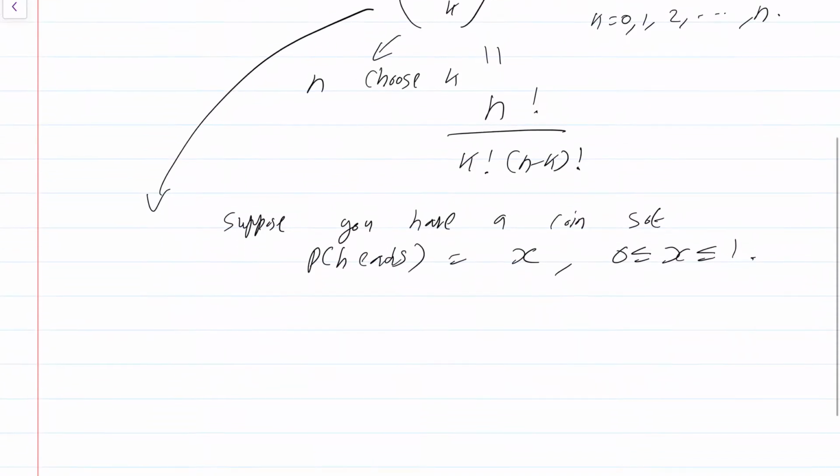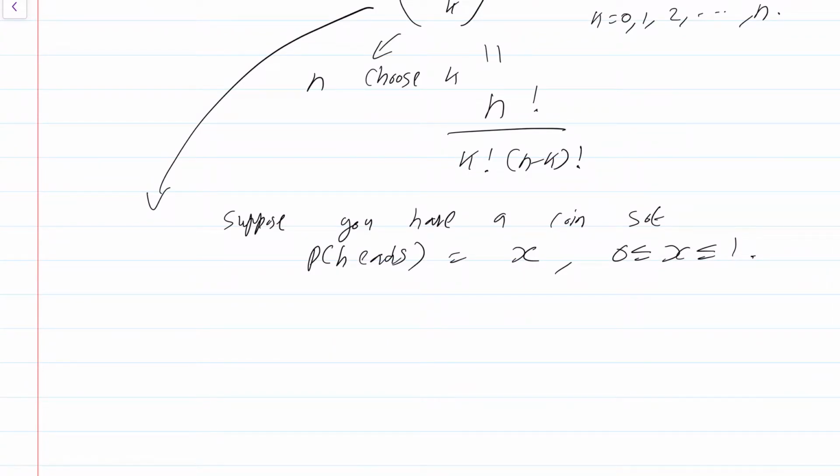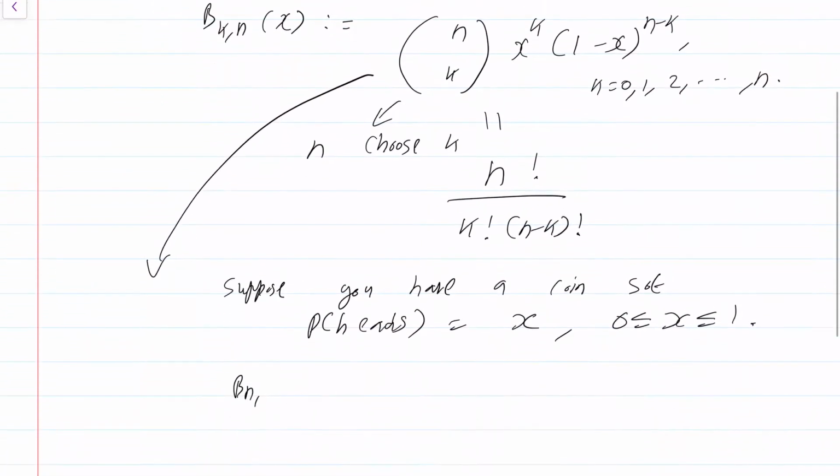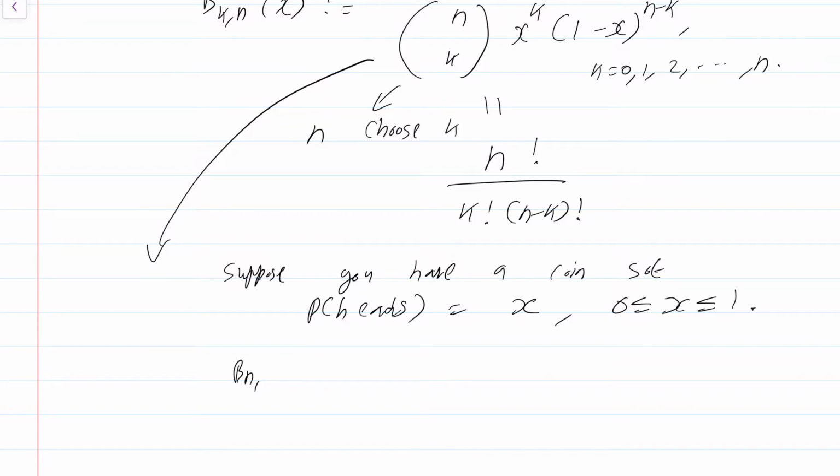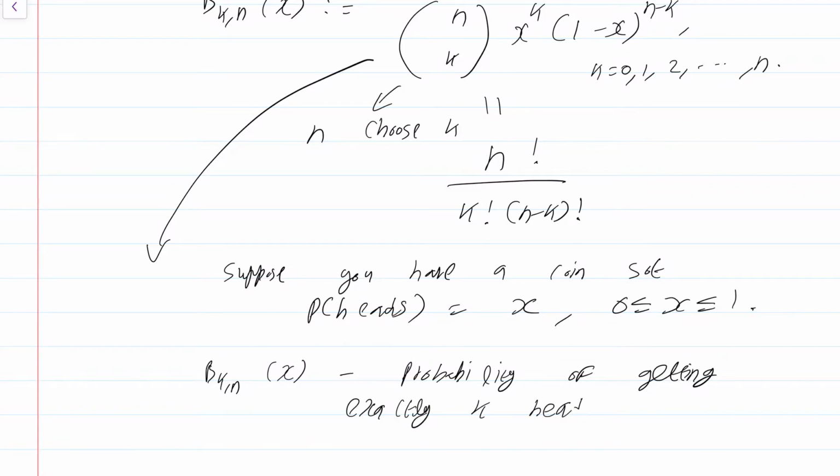Then you should have no difficulty proving from what you have learnt in your high school that b_k^n(x) is nothing but the probability of getting exactly k heads with n tosses of a biased coin with probability of heads equal to x.